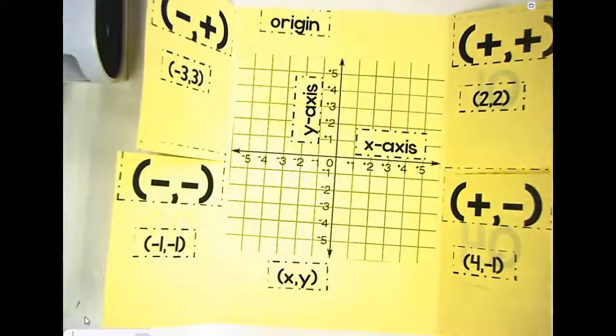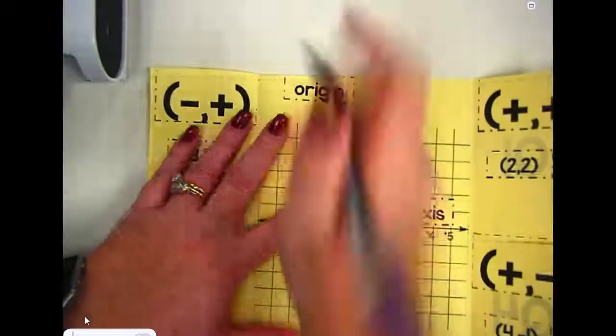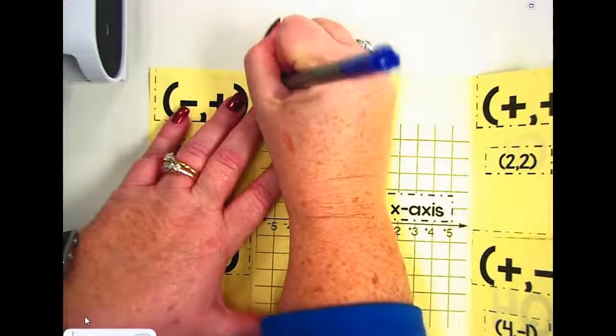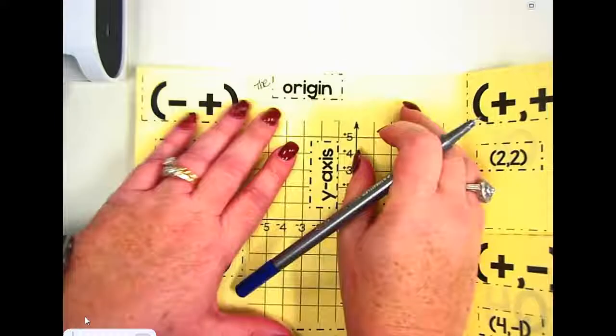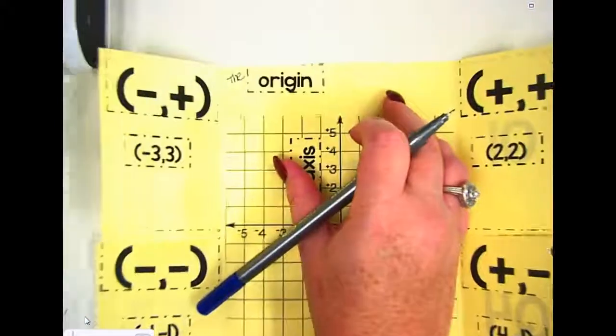All right, so let's write a definition for the origin. The origin is where the x and the y axis intersect at 0, 0. Let me zoom in a little bit.